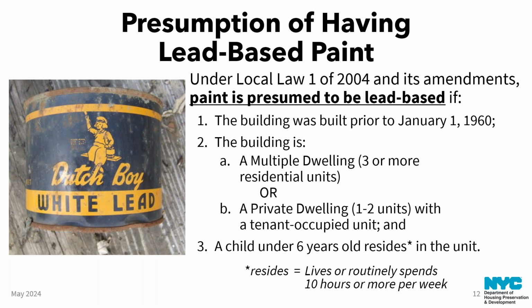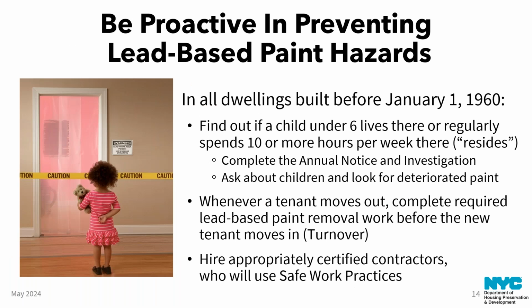So between the date that New York City banned lead-based paint and the date that the federal government banned lead-based paint, where there is actual knowledge of lead-based paint. So a positive test result, something like that, an HPD violation that is based on testing of the paint. So if you know there's lead-based paint in the building and your building was built between 60 and 78, then Local Law 1 is also going to apply in your building.